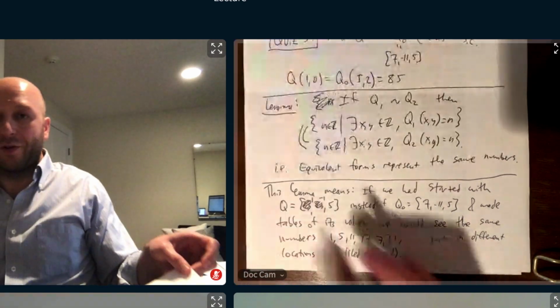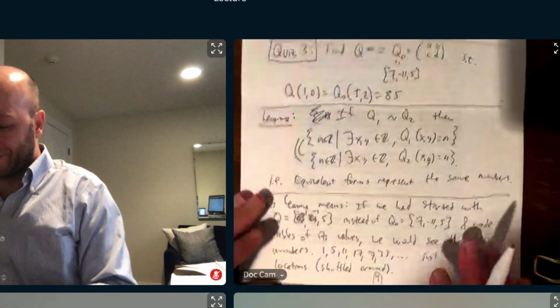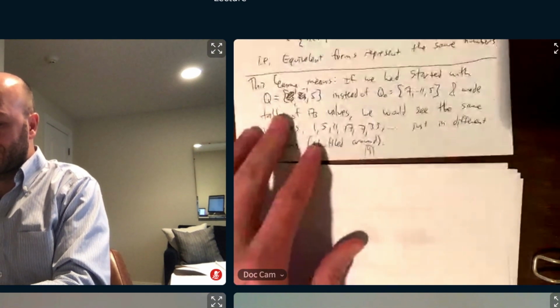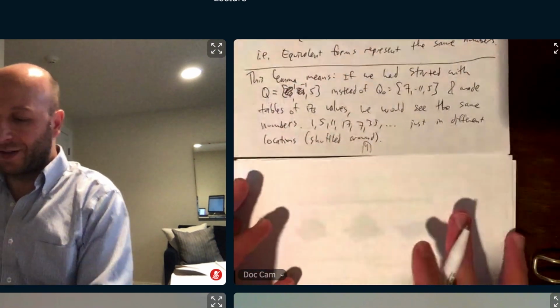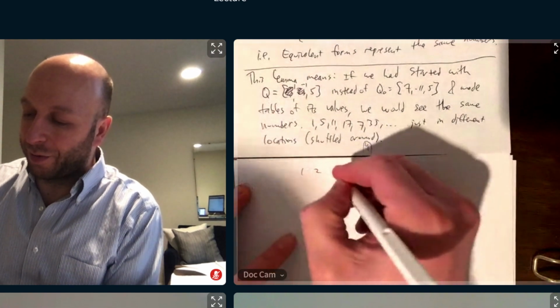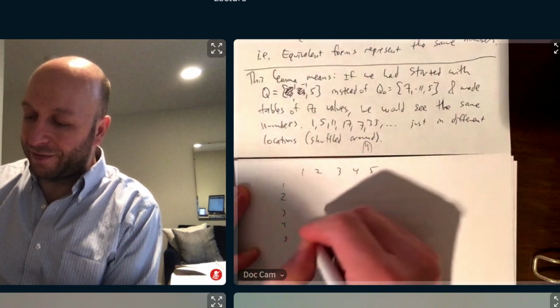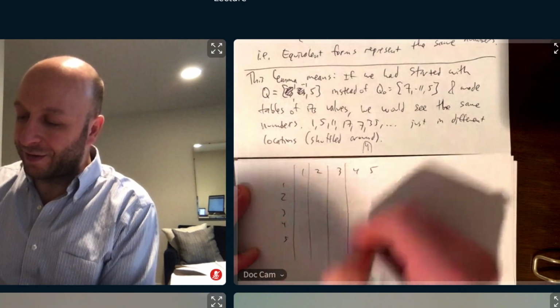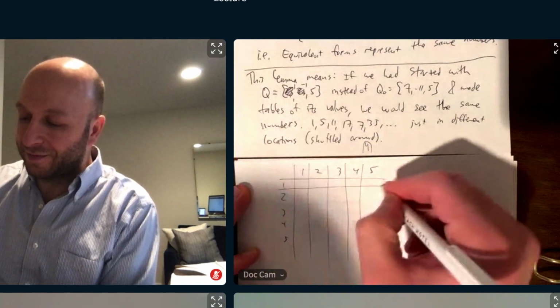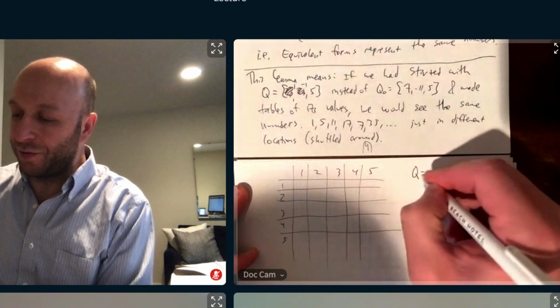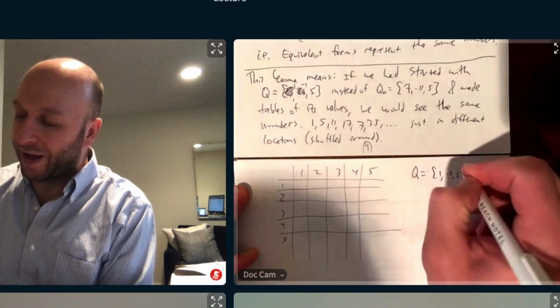So before we prove the lemma, let's make a table of these values. So I have 1, 2, 3, 4, 5 and 1, 2, 3, 4, 5. Let's not go too far out. These are values of this new q, which is 1, negative 1, 5.